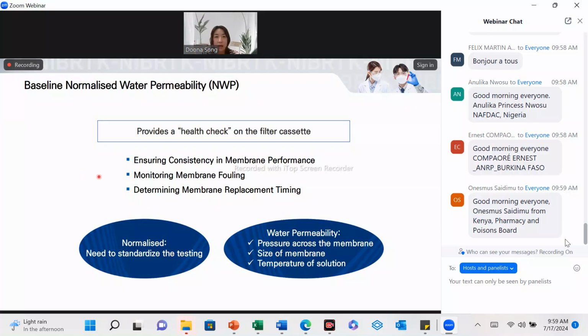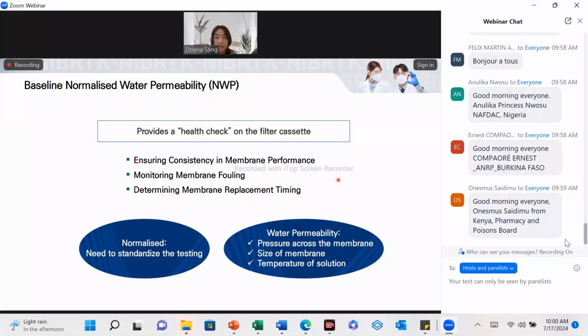And second, monitoring membrane fouling. In the UFDF process, the membrane gets clogged over time, even though this is TFF. So if NWP decreases, it means contaminants are building up on the membrane. Monitoring NWP helps us detect this early, so we can clean the membrane when we need to.